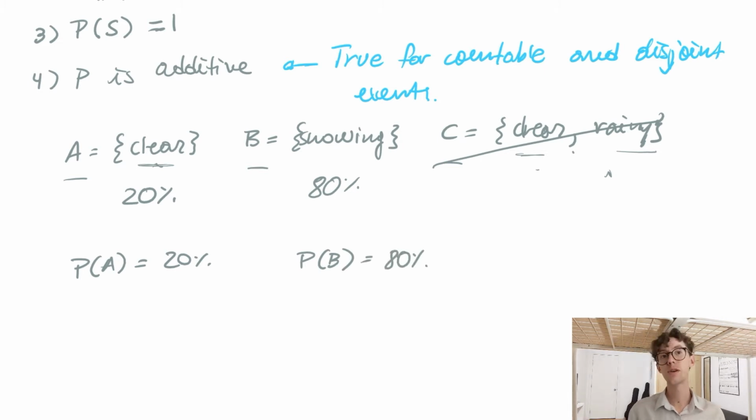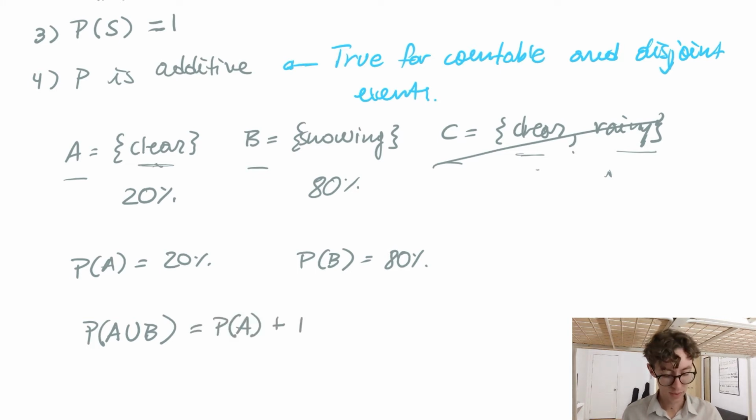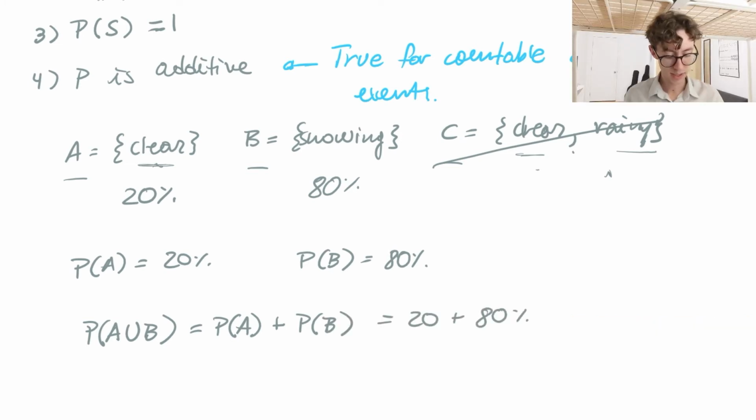P of A is equal to 20% and P of B is equal to 80%. Now, if I wanted to know P of A or B, so that would be P of A union B. This is a notation to say A or B. So we're looking at either the event A or the event B will be equal to the probability of A plus the probability of B, which is equal to 20 plus 80%, which is equal to 100%, right?